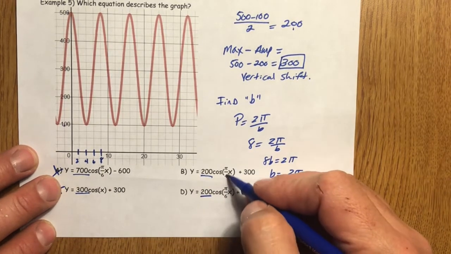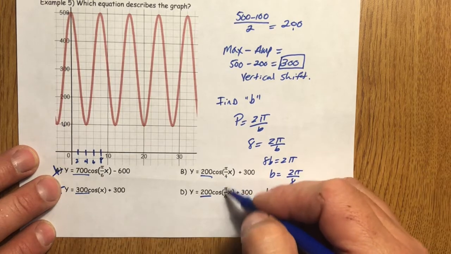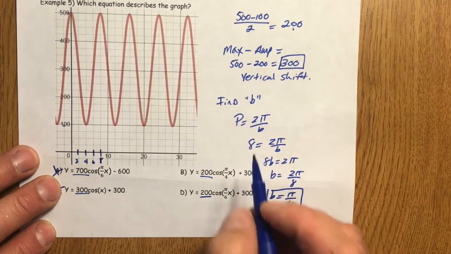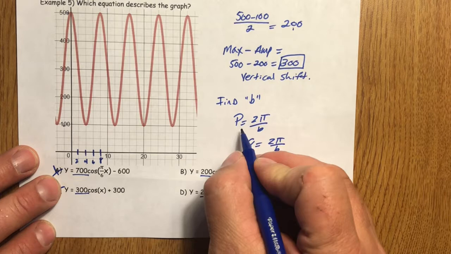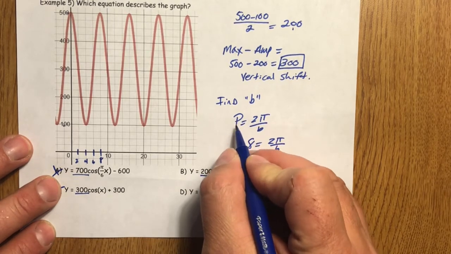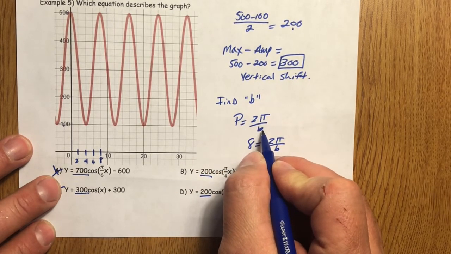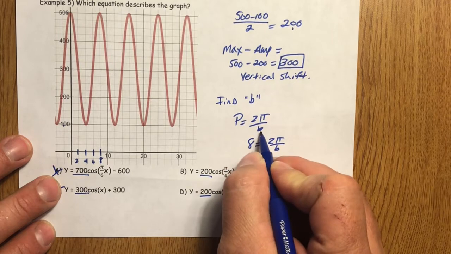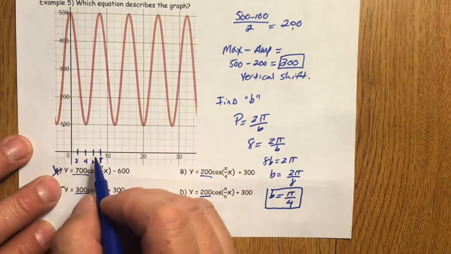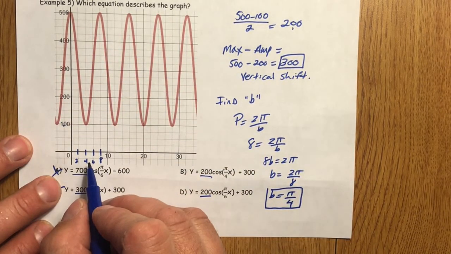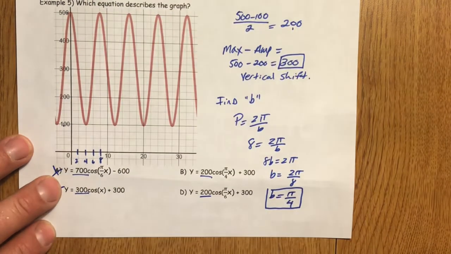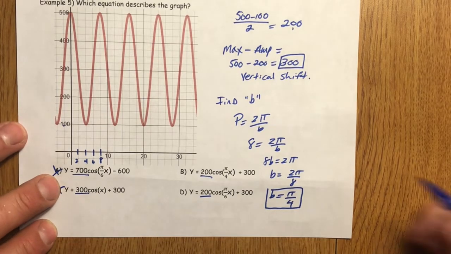We have to find that value of B again. That's the only thing that's different. Now we've done this before. Remember, the period is 2 pi over B. I don't know what B is, but I know the period from the graph.